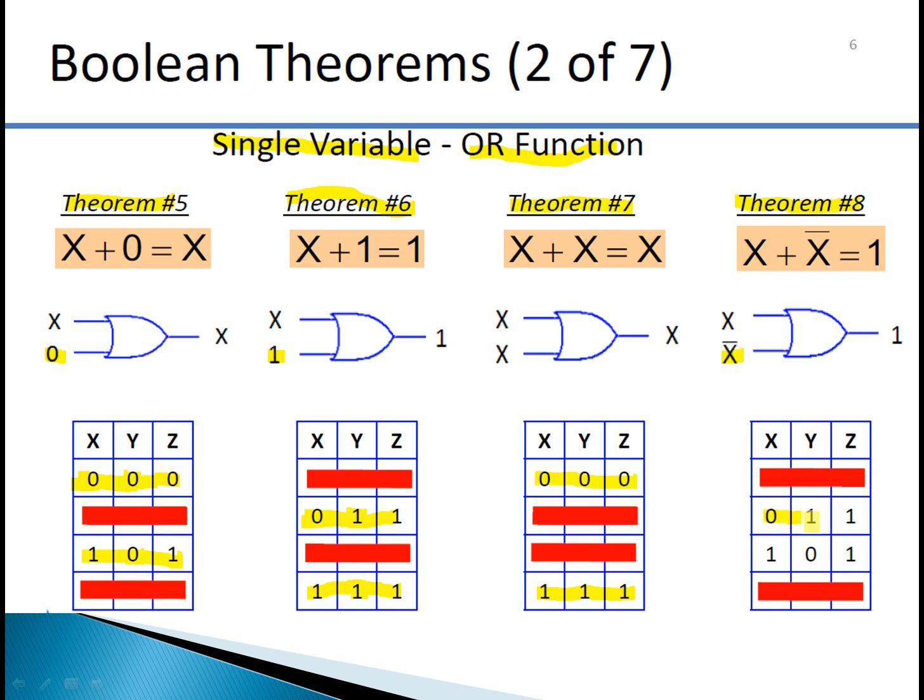So 0 plus 1 is 1. And next consider x 1, and y becomes 0 because y is nothing but x bar. So 1 plus 0 equal to 1. So now if you consider the output column, that is z, in both the cases output is 1 only. Hence x plus x bar equal to 1.